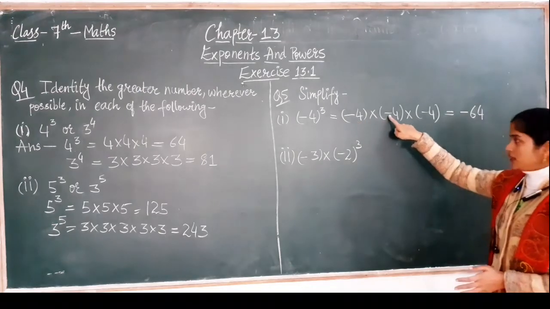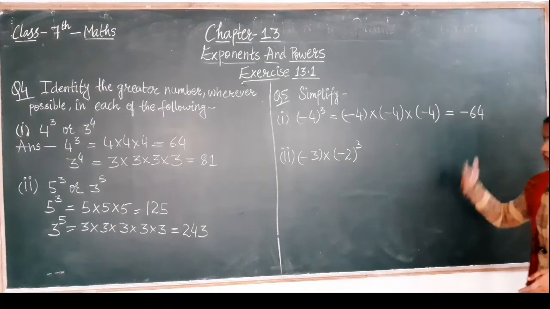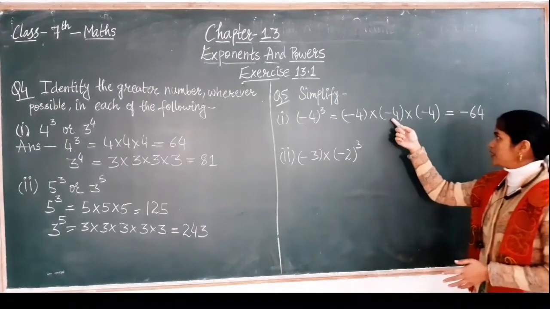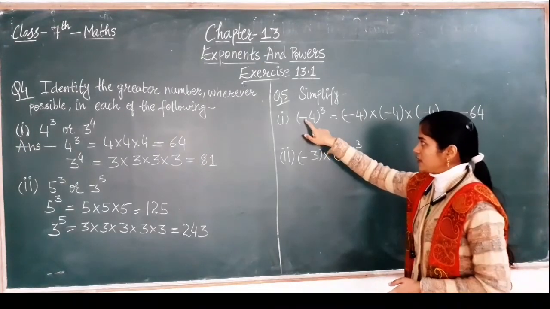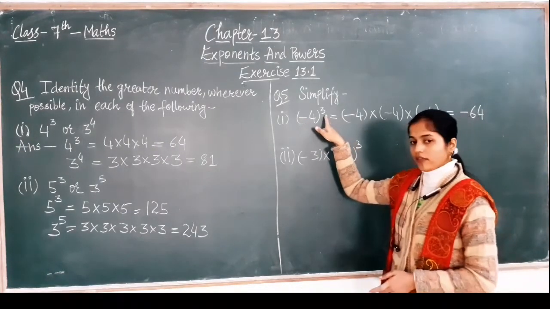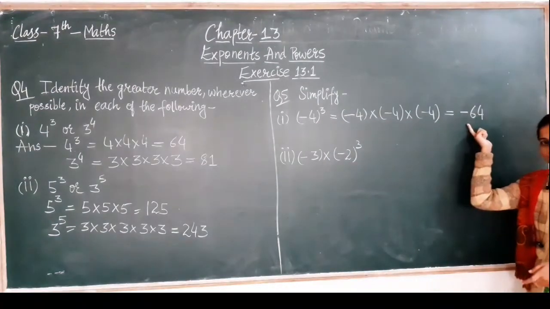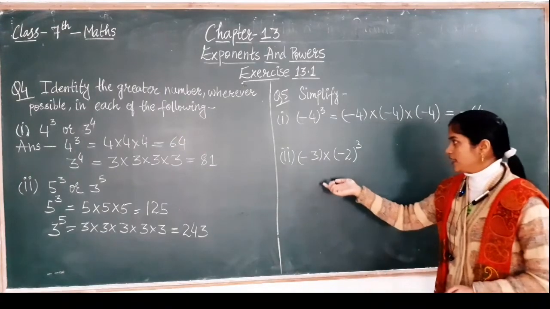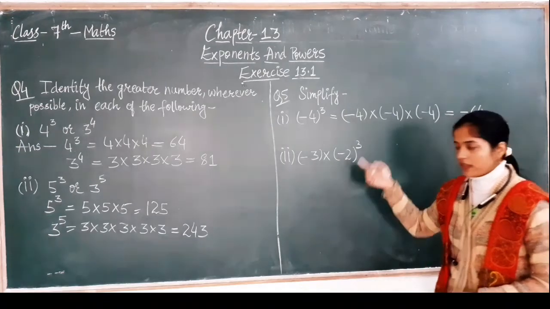Minus minus plus, plus minus minus. We can follow either of the rules: minus minus plus, plus minus minus, or if the number is negative and the power is odd, the answer would always be negative. Second or last question is minus 3 into minus 2 raised to the power 3.